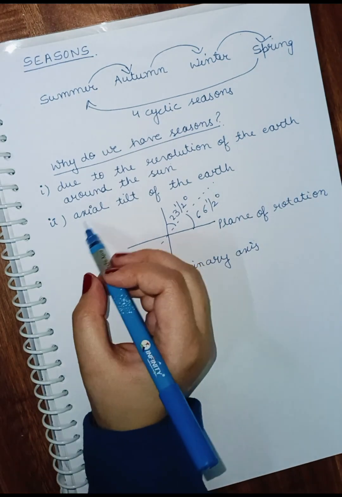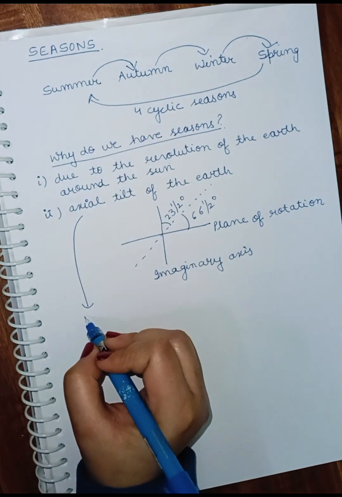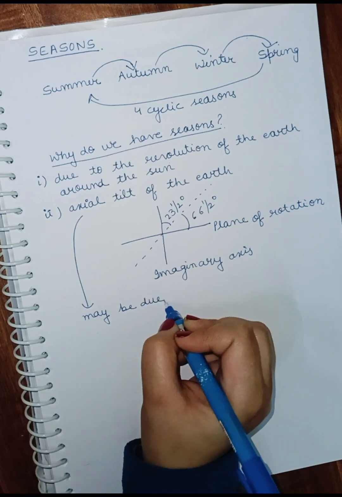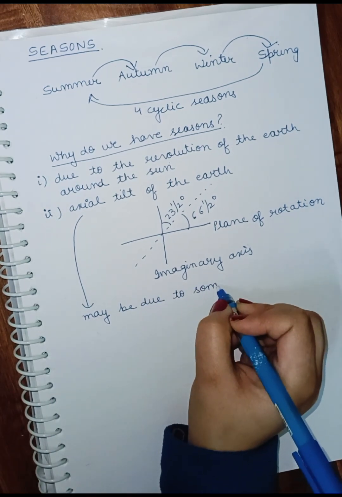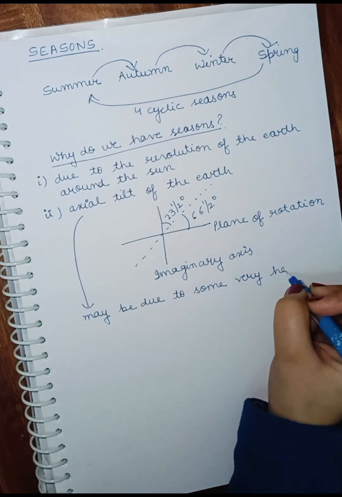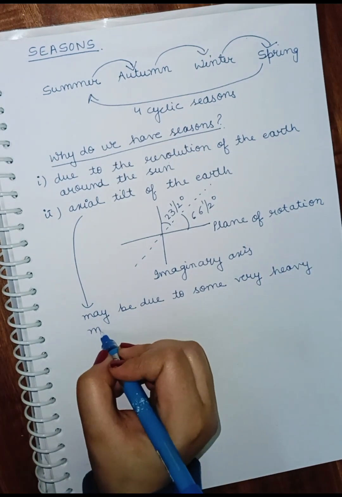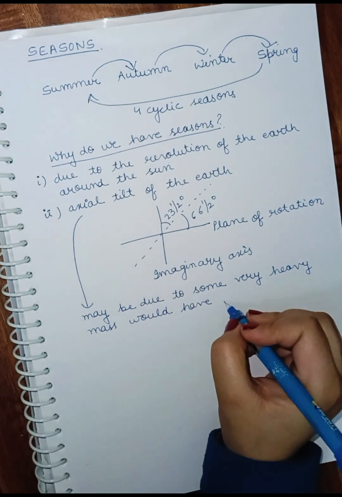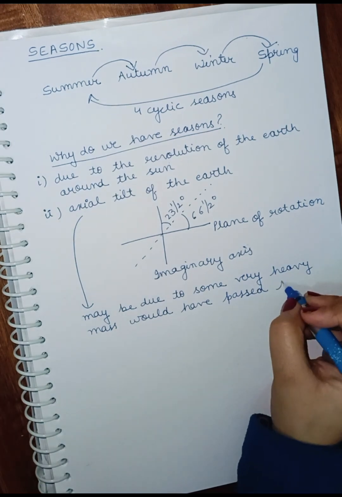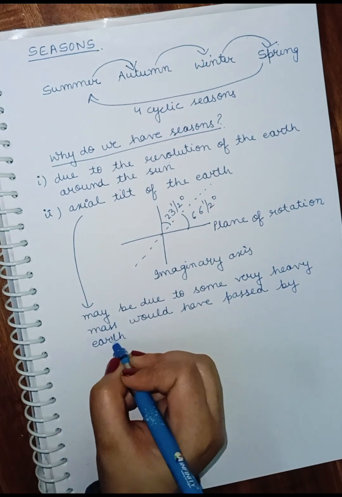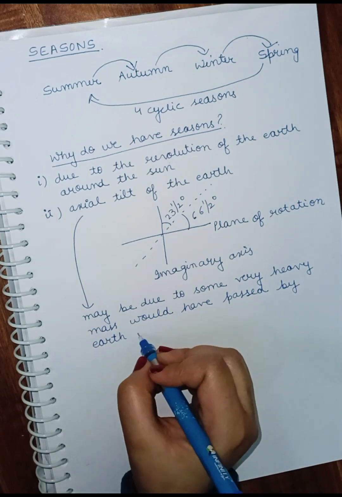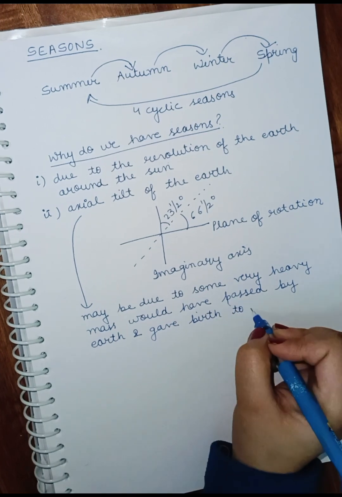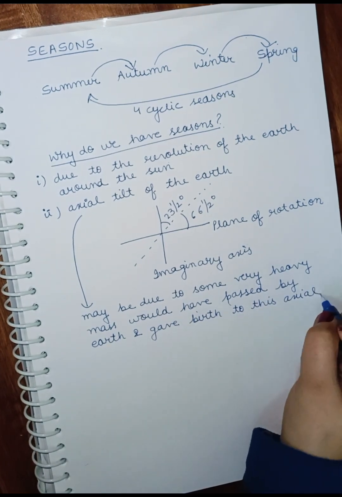And why did this axial tilt happen? It happened due to some very heavy object or mass that would have passed by the earth and gave birth to this axial tilt.